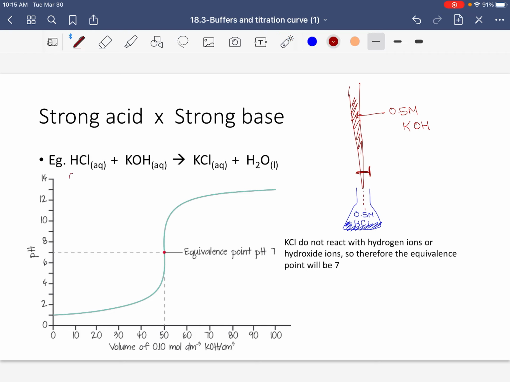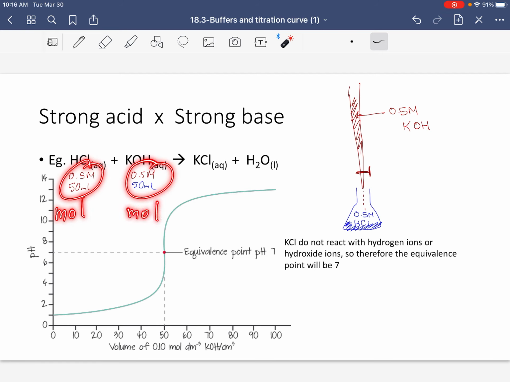If this is 0.5 molar, this is 0.5 molar. If you started with 50 milliliters here, wouldn't it make sense to use 50 milliliters of this to reach the equivalent point? Because this will have a certain amount of moles, and this will have a certain amount of moles. Since the numbers are equal, they're going to be the same. But that's not what we're interested in.